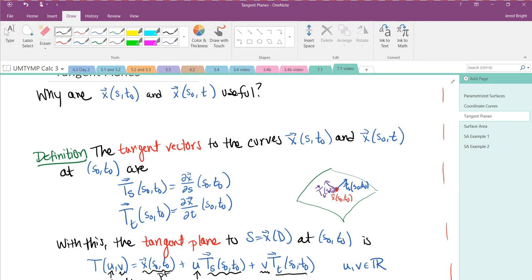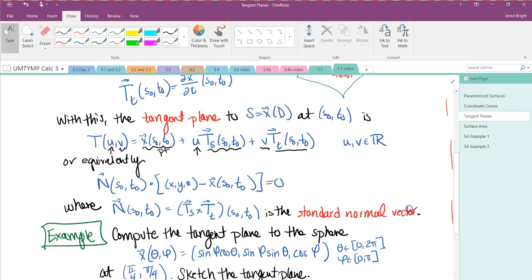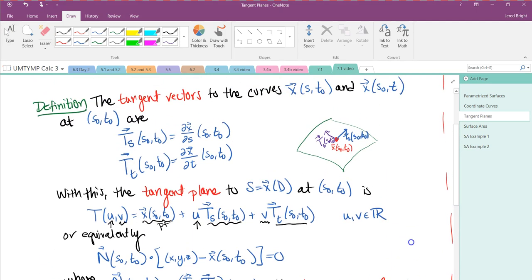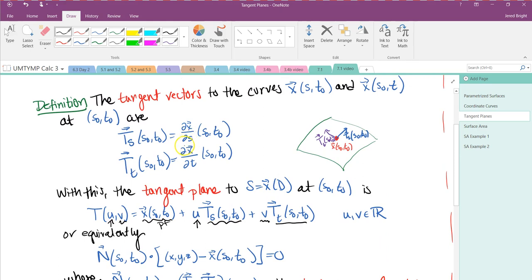Intuitively, once we get these vectors, it all makes sense because we know how to parameterize a plane. But getting them could be a little interesting, because you have to differentiate the parameterization with respect to each variable, plug in the point, and go on from there.